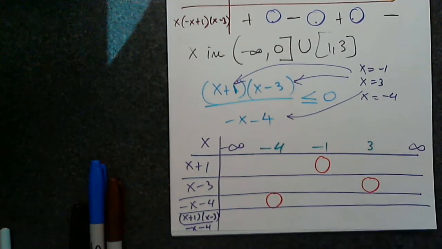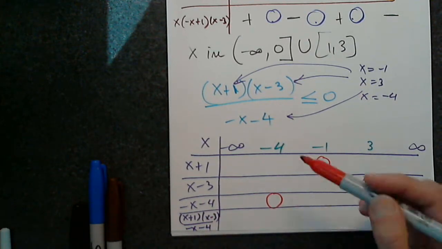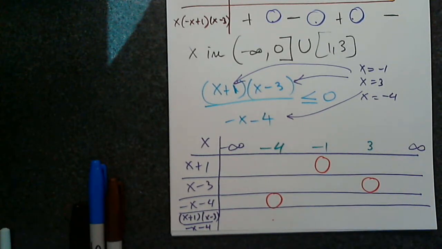Good. So now, what happens to the entire thing when x is negative 4? Careful, think. When there is a 0 in the denominator of a fraction, what do we have?